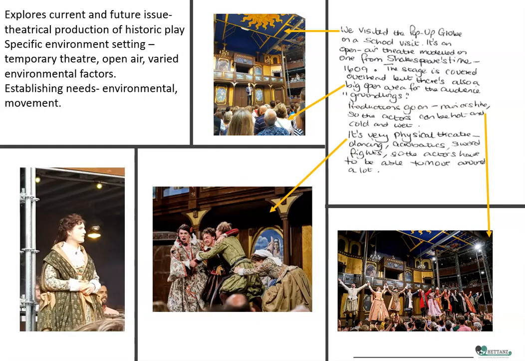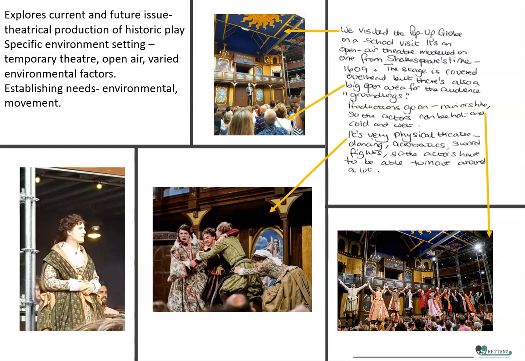So in the next few slides, I'm going to show you some examples of student work and how they've undertaken research to explore contexts, develop issues, and identify needs within that. So in this example, the student visited the Pop-Up Globe in Auckland on an English trip to watch a Shakespearean play. And so what they were looking at was the theatrical production of a historic play, but in a modern setting, but with authenticity with regard to the period.